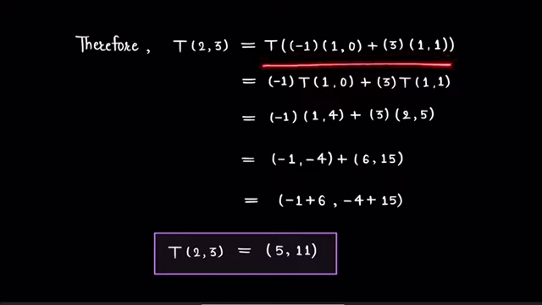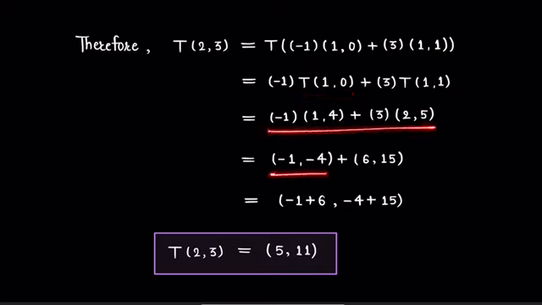Using linearity of T, this is minus 1 times T of (1, 0) plus 3 times T of (1, 1). Now T of (1, 0) is (1, 4) and T of (1, 1) is (2, 5). After simplification, the image of vector (2, 3) under T is the vector (5, 11).